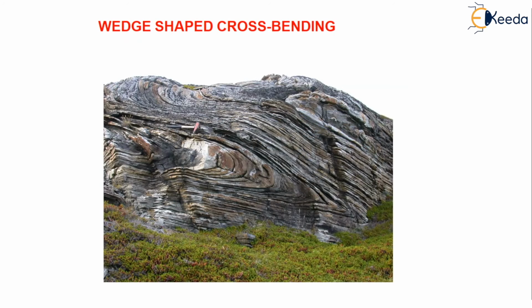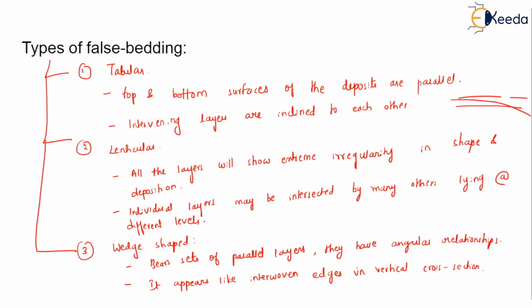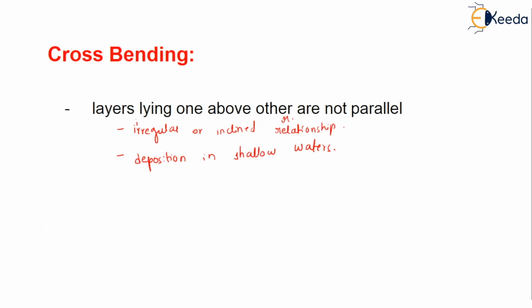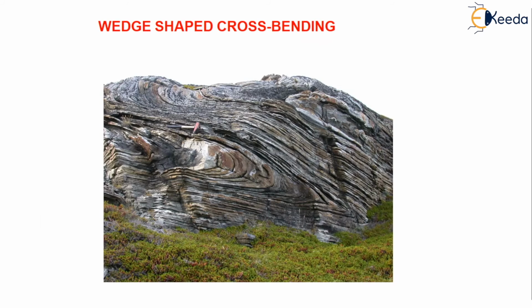This is wedge shaped cross bedding. The wedge shapes are nothing but parallel layers and they have angular relationships. These are the parallel layers and also they have some angular relationships. This is the best example of wedge shaped cross bedding.